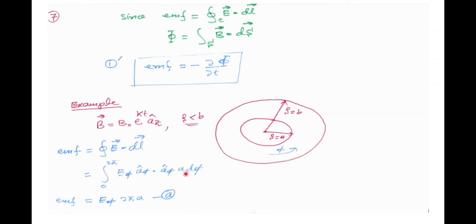So dl becomes rho times d phi, which is equal to a times d phi. The dot product of a phi unit vector with a phi unit vector is equal to 1. So from this equation we obtain that the electromotive force around the closed contour, or over the perimeter of the internal conductor, becomes equal to E phi times 2 pi a. That is equation number A.